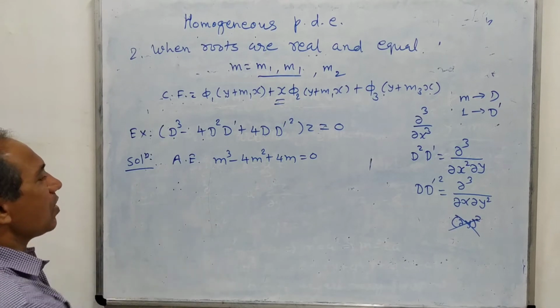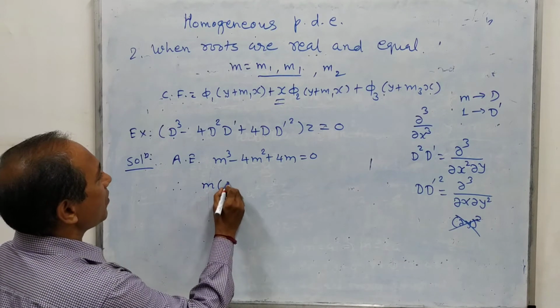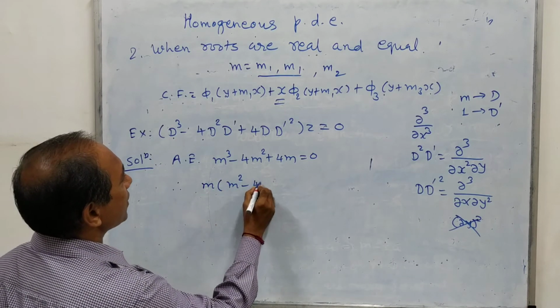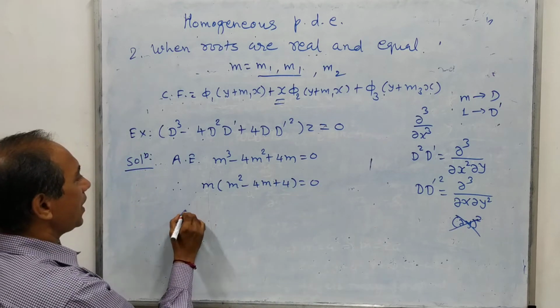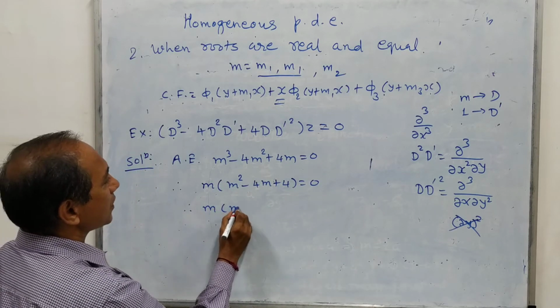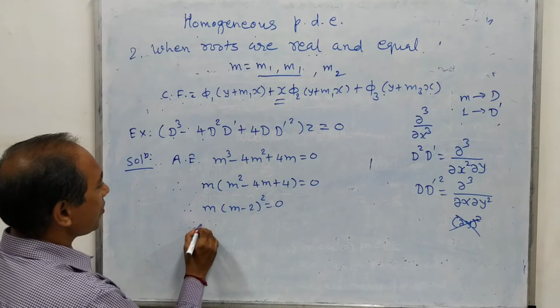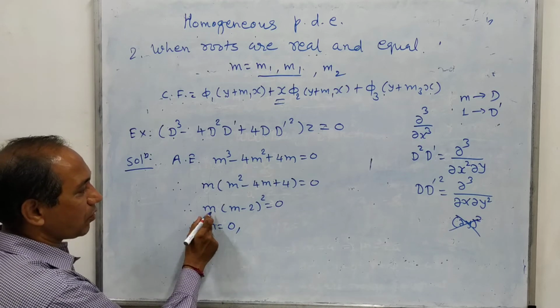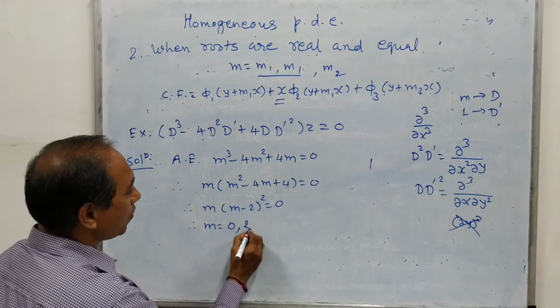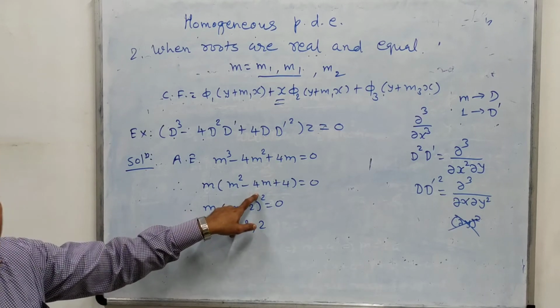Now it is only required to find its roots. Here m is common, so m(m^2 - 4m + 4) = 0. Therefore its factors are m(m - 2)^2 = 0. Therefore the roots are m = 0, and m = 2 two times, because the square is there.